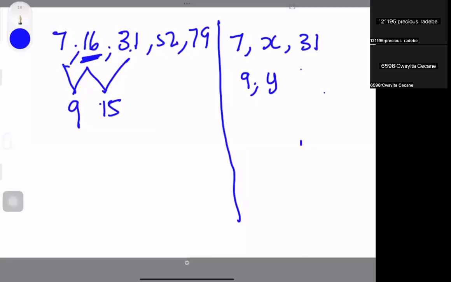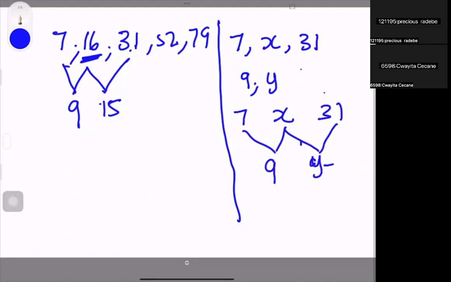So what you guys are going to do is you are simply going to say 7, x, 31. The difference here is 9. The difference here is y minus 9, right?